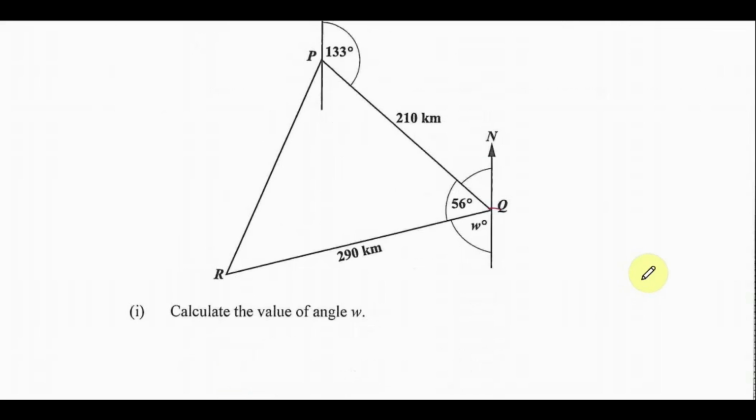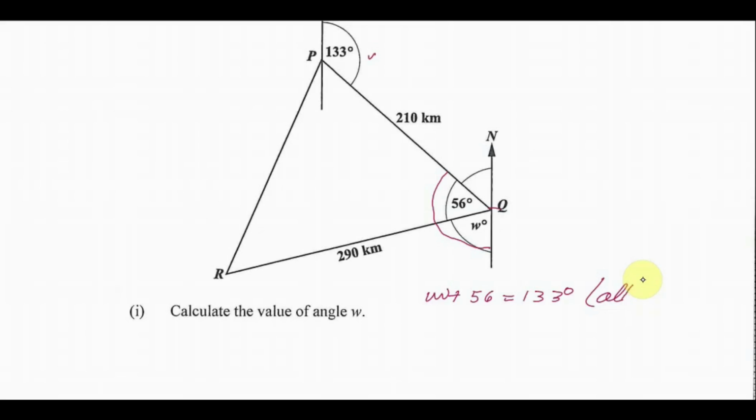Now these two north lines here, this one and this one, are parallel. They are both north lines. Okay, so what I see is that this angle here, 133, is alternate to this angle here. So we can straight up say that W plus 56 is equal to 133 degrees.